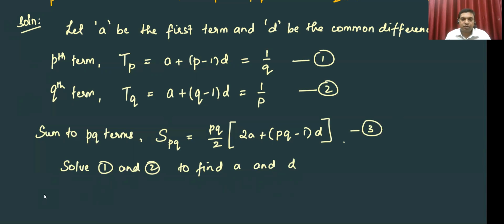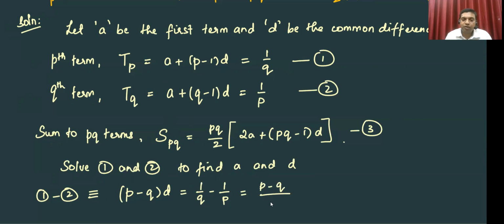So 1 minus 2: if you subtract, you will get p minus 1 times d minus q minus 1 times d, which is p minus q times d, equal to 1 by q minus 1 by p. So you get p minus q upon pq. From here we get the common difference is 1 by pq.